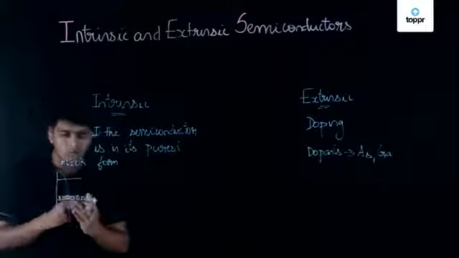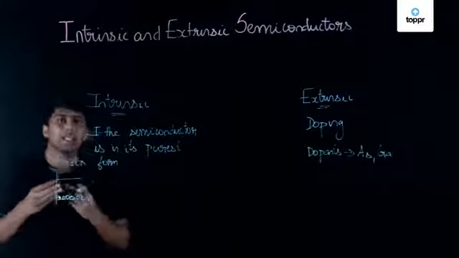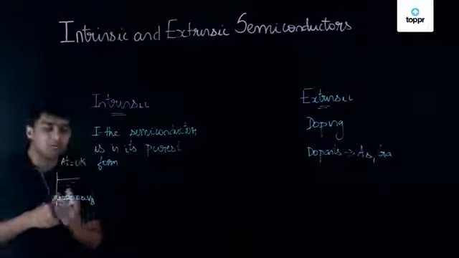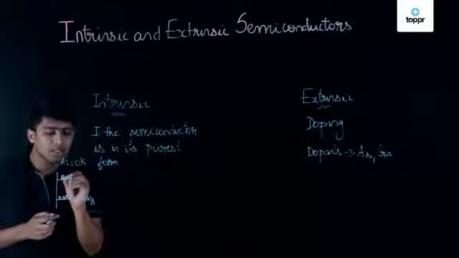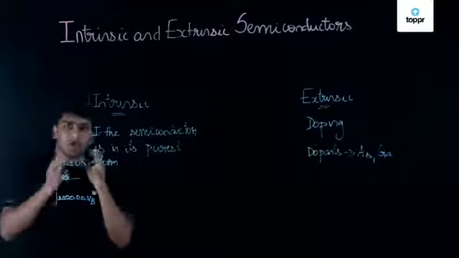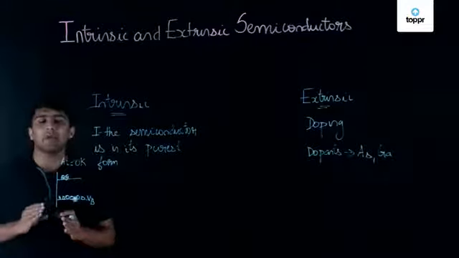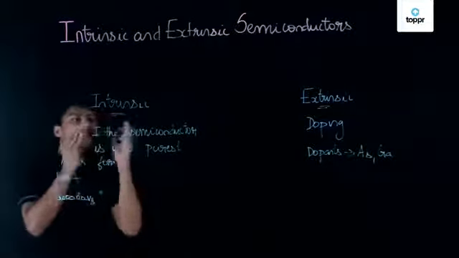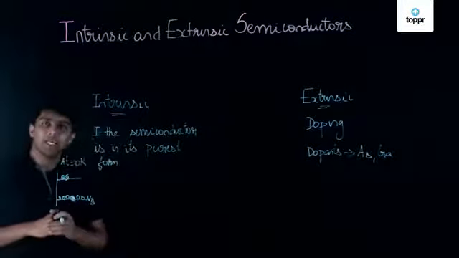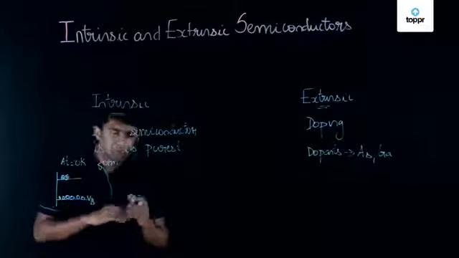But at room temperature, the valence band gets heated up, or with some external energy, electrons jump into the conduction band. So a semiconductor which is in its purest form is called an intrinsic semiconductor.